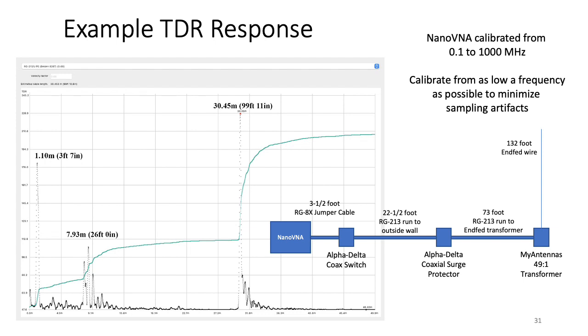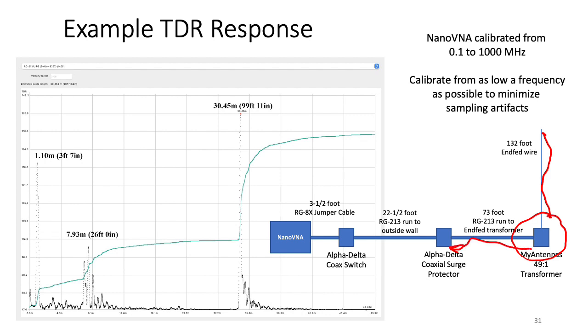In this example, I've taken my NFED antenna configuration and applied the NanoVNA to it to look at its response versus time. So what I have is an NFED antenna, 132 foot long, going through my antenna's 49:1 transformer.